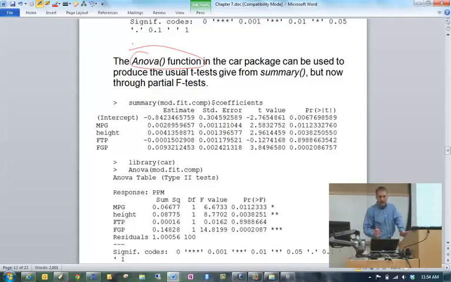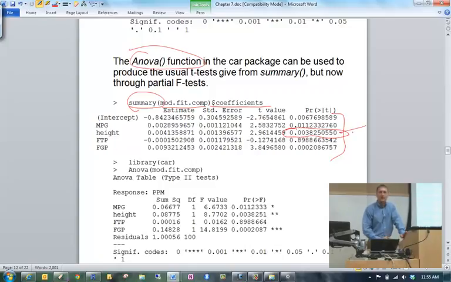In particular, consider the following scenario. With my complete model, I do a summary of the model fit object, and I just pull out that coefficients table that we normally see in the summary output. And what we have here are my usual t-tests. So for example, given MPG, free throw percentage, and field goal percentage are in the model, what are the benefits from including height in the model?